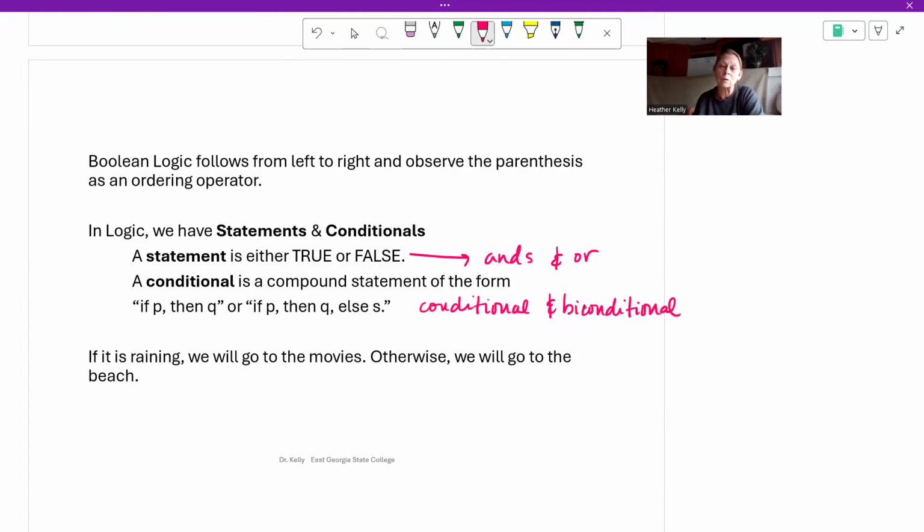I know the language here is really confusing, and I'm really sorry that it is. I didn't make it up. I would have called things differently.